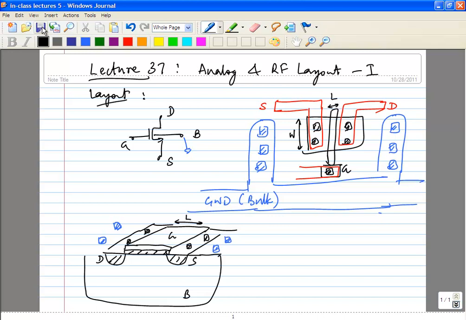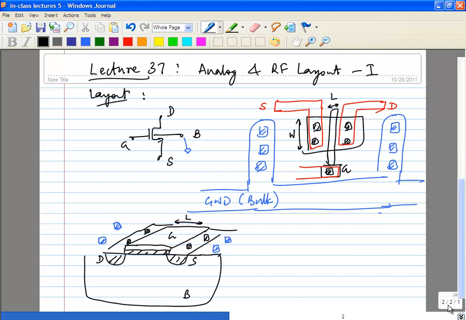Okay, so that's one of the primary reasons why you need to know how to do layout. Okay, and typically if you tape out a chip, you'll definitely learn how to do it. Okay, either from your own seniors or from your professor, from whoever. Okay, but you'll typically be expected to know these things.